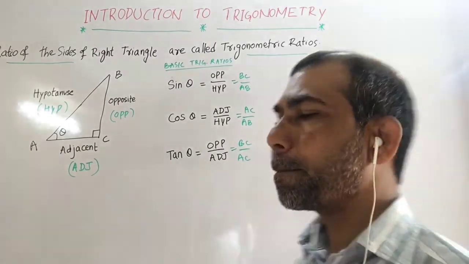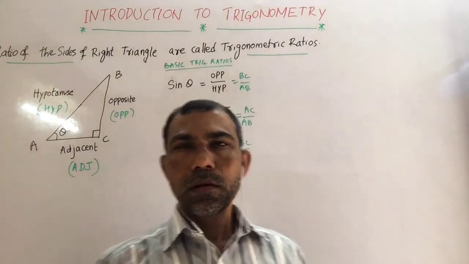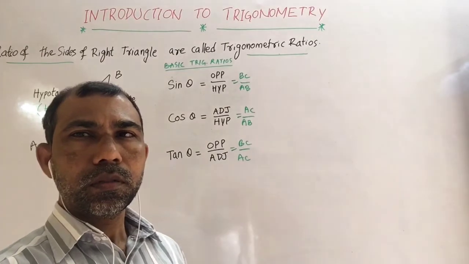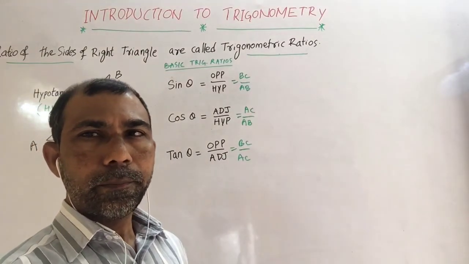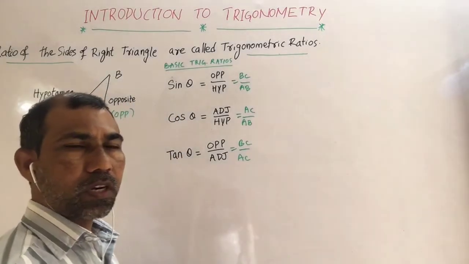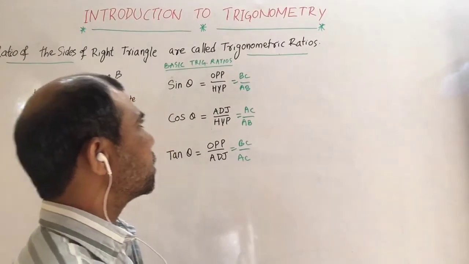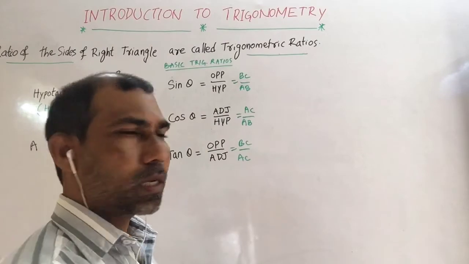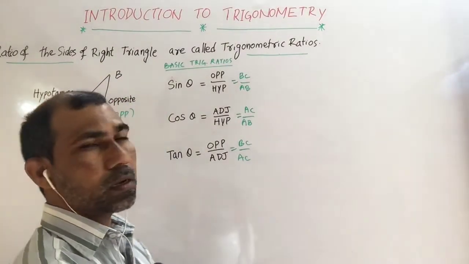Now if you take the reciprocals of these three basic trigonometric functions, you will get the remaining three trigonometric functions. Let us see the reciprocals.